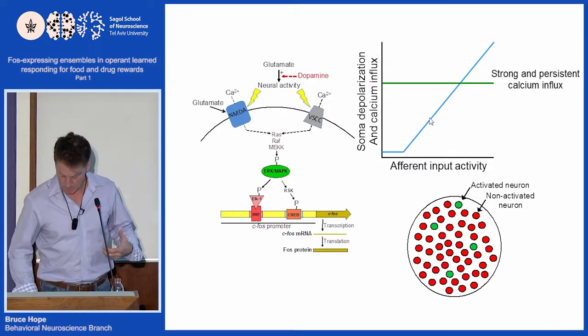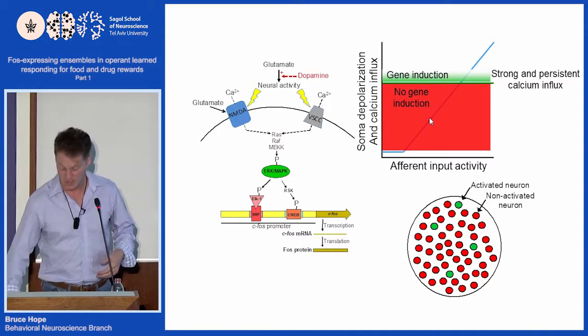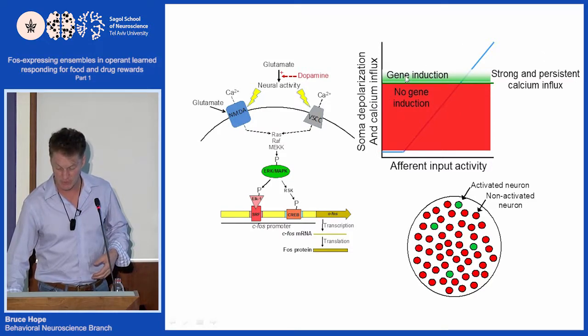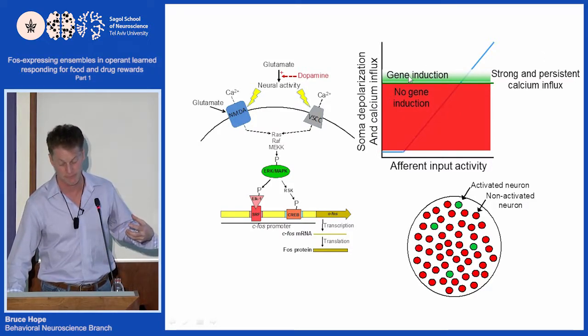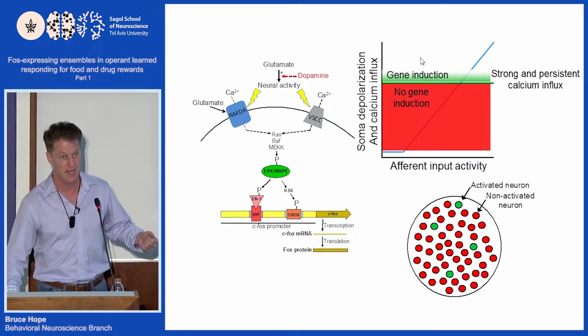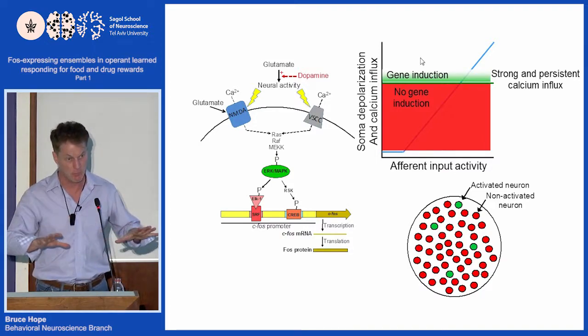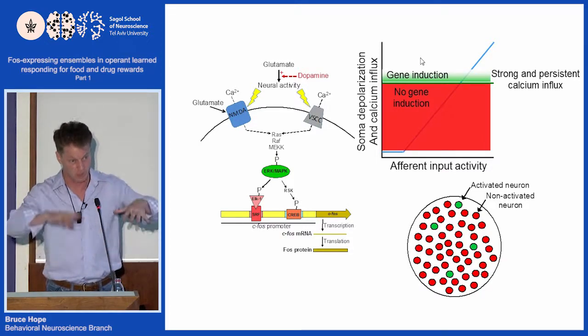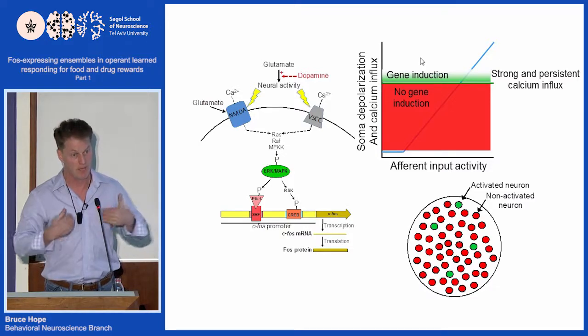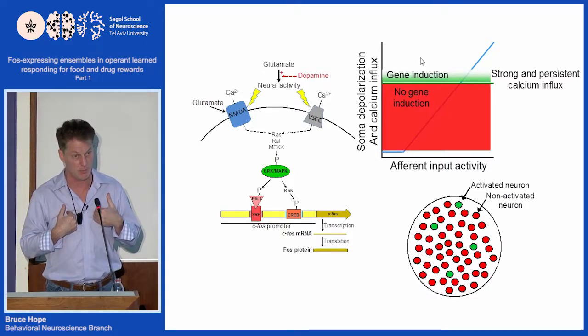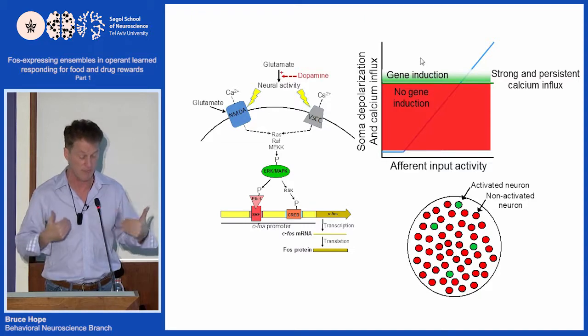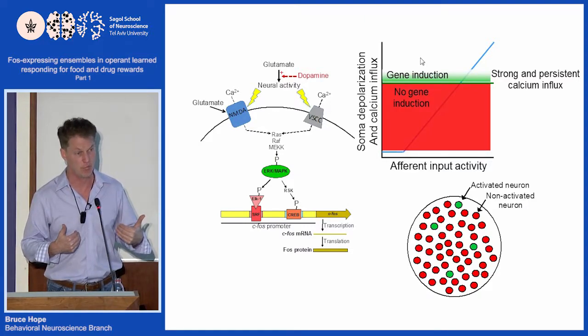But what I think is happening is that there needs to be a threshold amount of activation, a threshold amount of calcium influx, to get activation of that MAP kinase that I was talking about, or other signaling mechanisms, to get this kind of gene induction. And this is what I think separates the ensembles that some people would look at with in vivo electrophysiology, where many neurons are turned on, from the kinds of Fos expressing ensembles that I'm talking about, where 1% and often less have Fos expression within them.